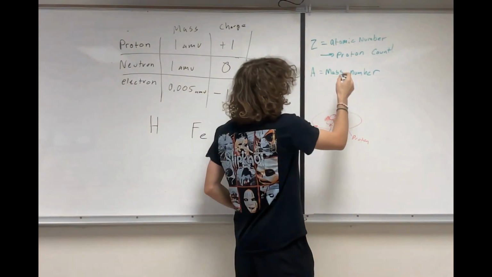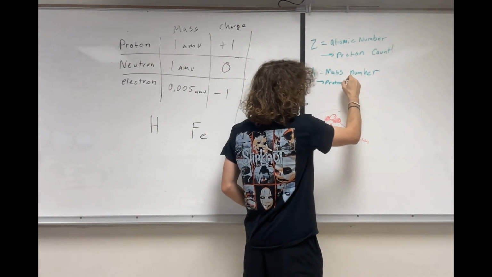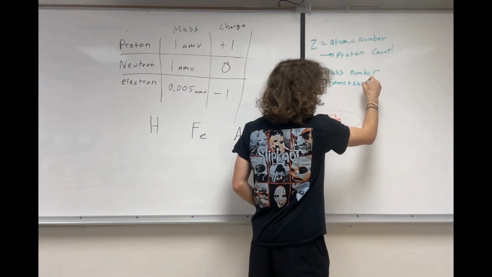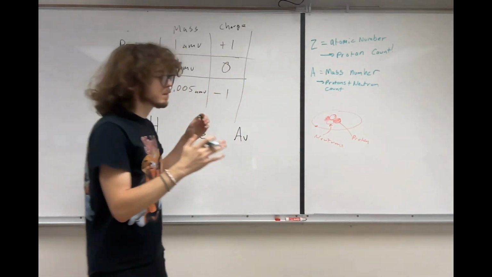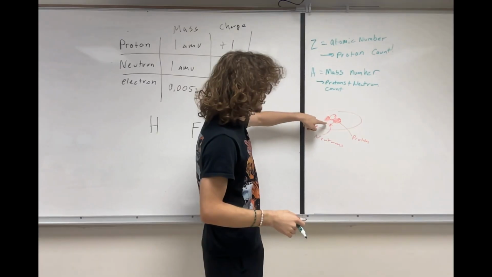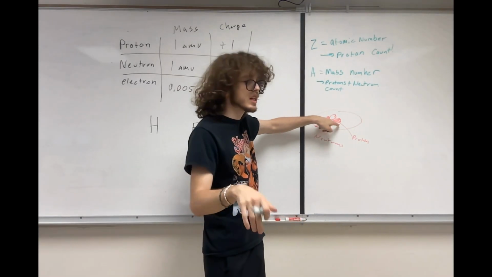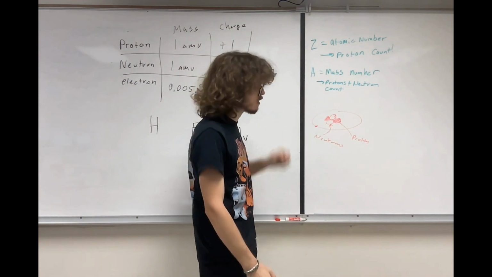All right, so the mass number is protons plus neutron count. So notice the difference. Please, this is very important. Your proton count is your Z number, which is these little dark shaded circles here, but the mass number is everything. It's the protons and the neutrons.